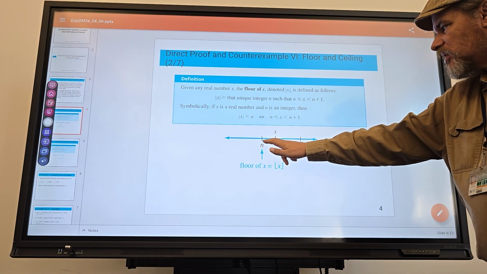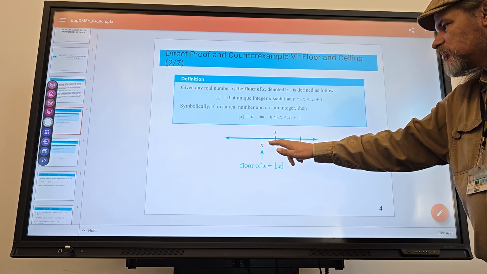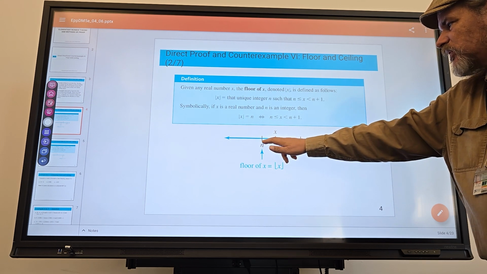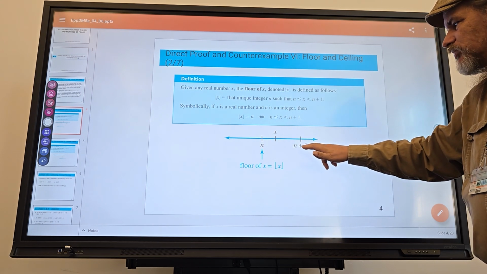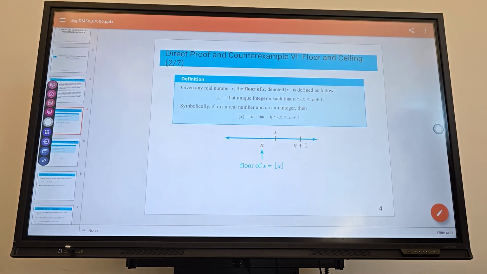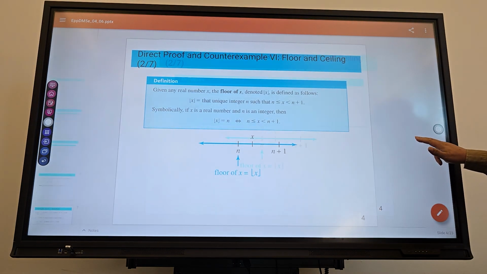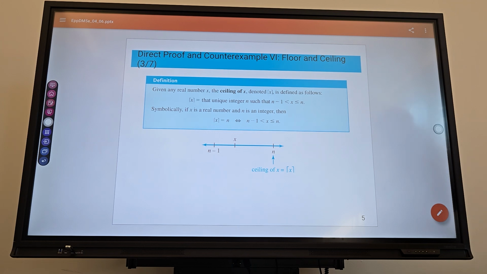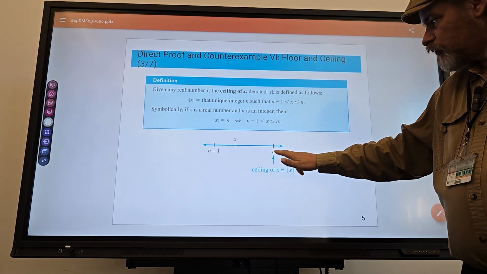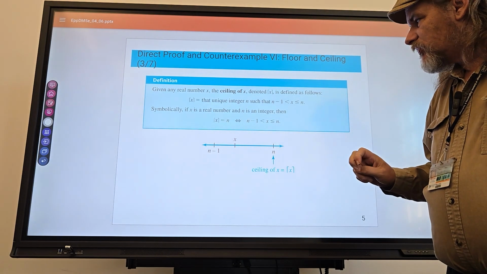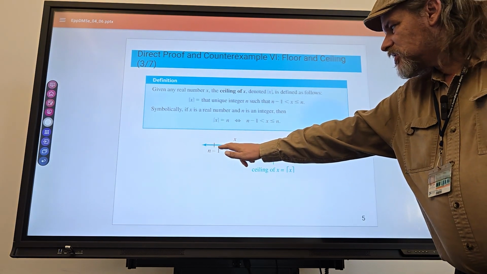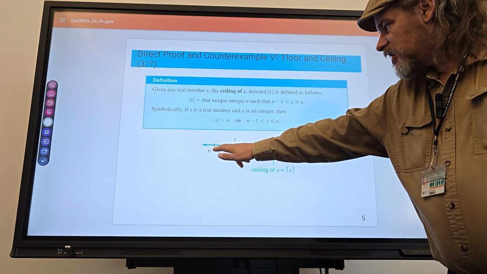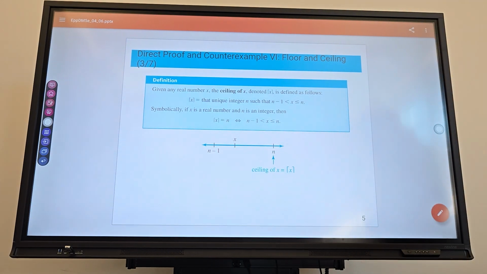The floor of x is n, because x lies between the integer n and n plus 1. The ceiling of a real number x is the number to the right of x on the number line, between n and n minus 1, n being an integer.